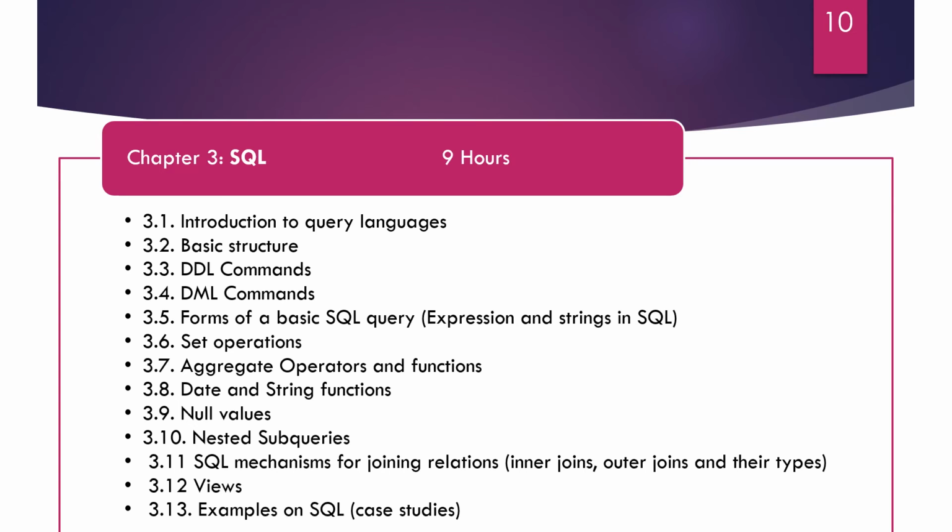These capabilities include defining, modifying or deleting the databases, that is DDL commands; insert, delete, update or select records from the database, that is DML commands; some set operations on relations such as union, intersection or difference. Then we can apply aggregate functions such as sum, count, average, max, min using SQL queries.